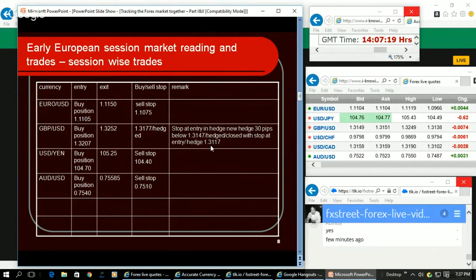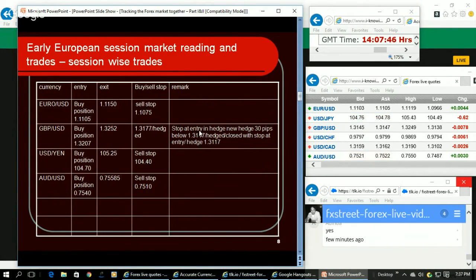Then subsequently I kept another hedge order 30 pips below, at 1.3117. Now currently the market is around 1.3148. I am not hedged, and I kept only the hedge order at 1.3117, and slowly as they gain and go up, I'll move the hedge order to the higher level.